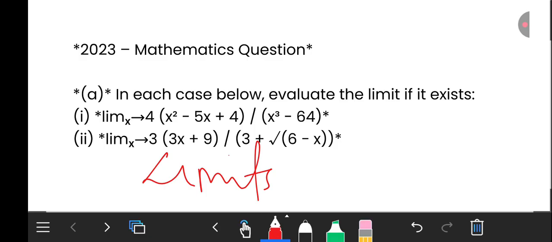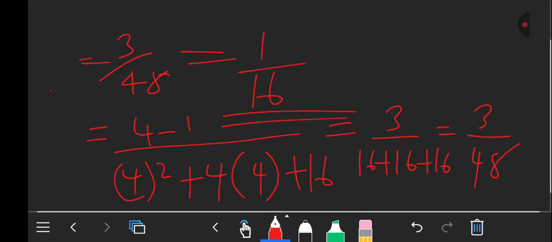So the next question is evaluate the limit as x approaches 3 of 3x plus 9, divided by negative 3 plus square root of 6 minus x. Okay, so this is the question. Let me write it here.